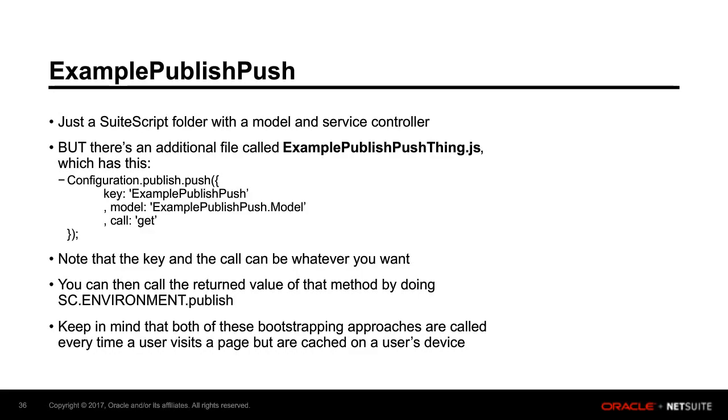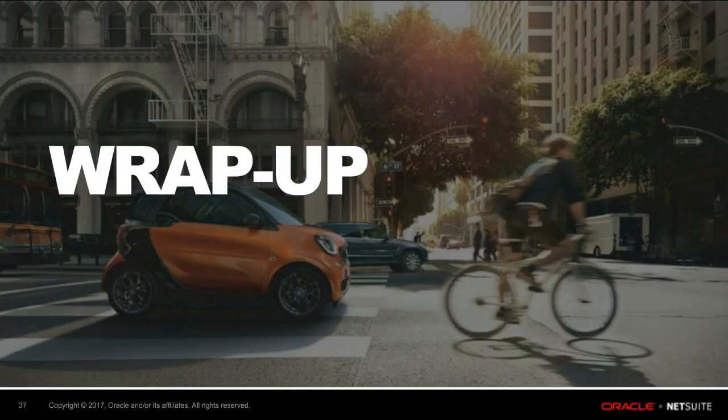Just keep in mind that these are obviously called every time a user visits a page, but the results should be cached on their device. And I think that's kind of it. So I'll hand back to Owen, if you want to take over for the wrap-up.